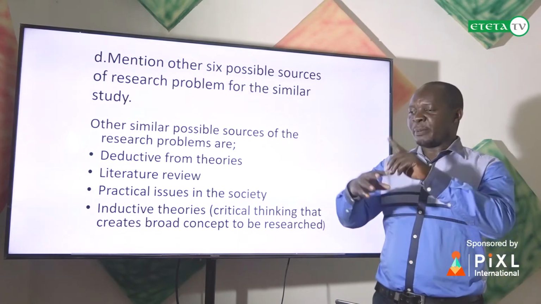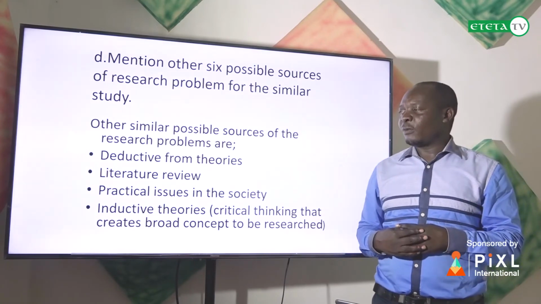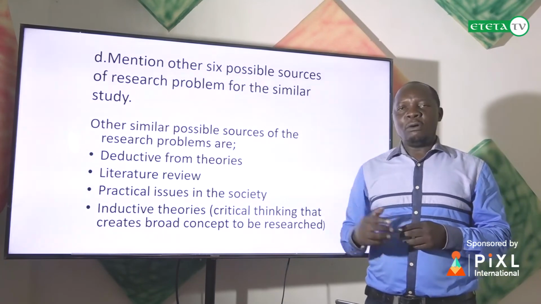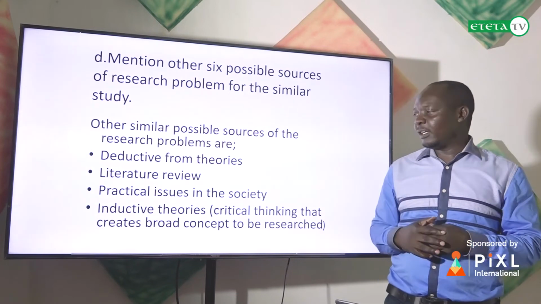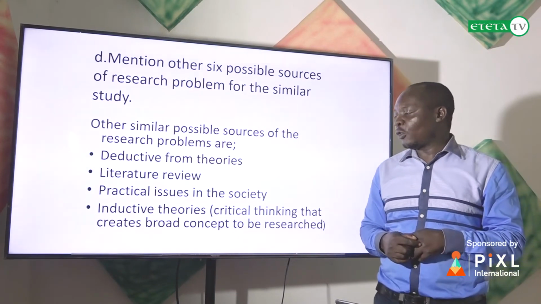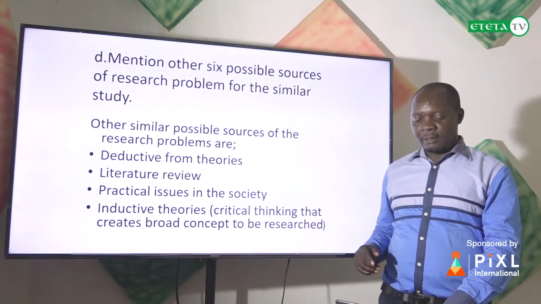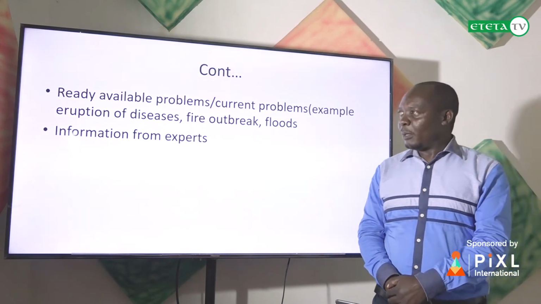What issues are practically taking place in the society can also be a center for a person to get a research problem. Number 4, we have inductive theories. That means critical thinking that creates broad concepts to be researched. This also can become another source of a research problem.